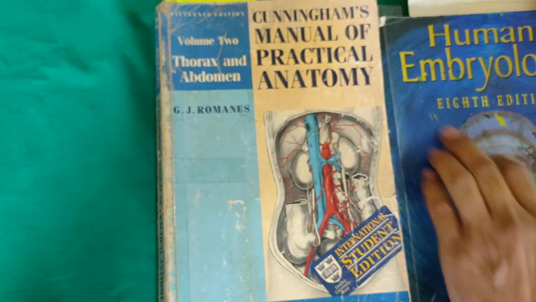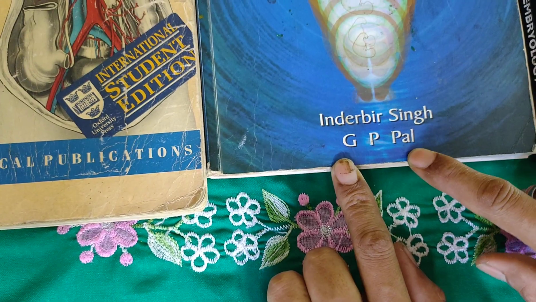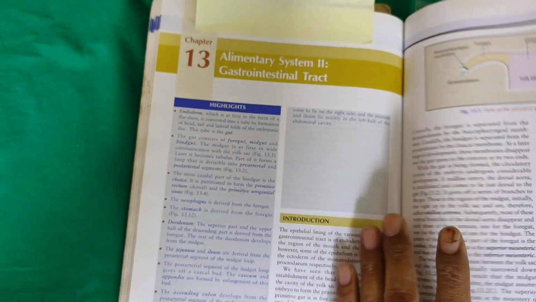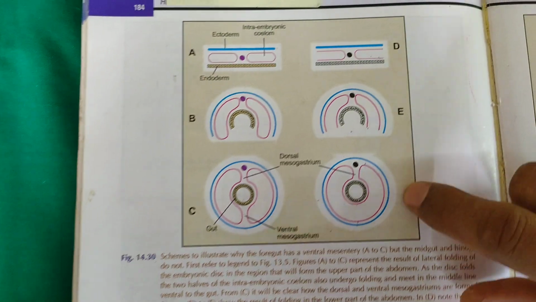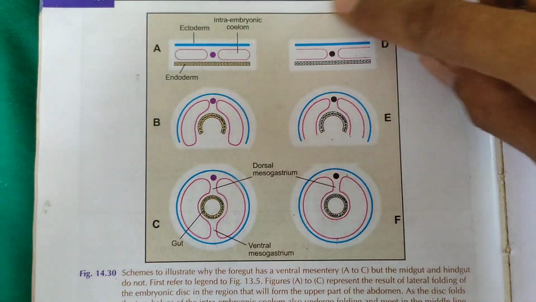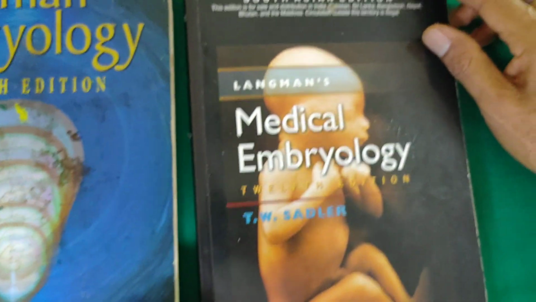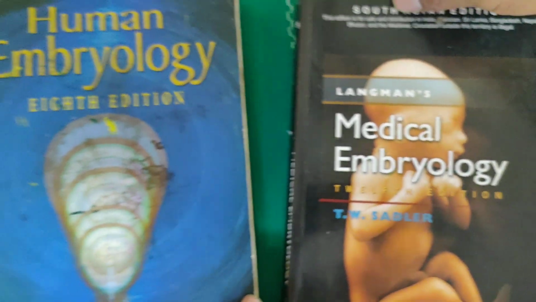Then there is Human Embryology by Inderbir Singh and G.P. Pal, where we will discuss the diagrams of lateral folding. Then there is Langman's Medical Embryology, 12th edition.